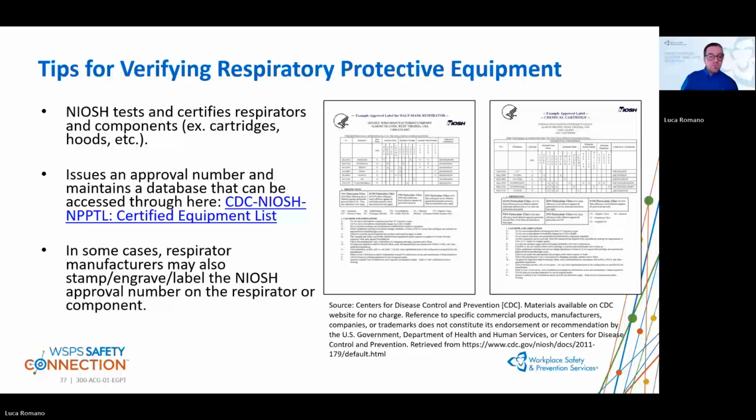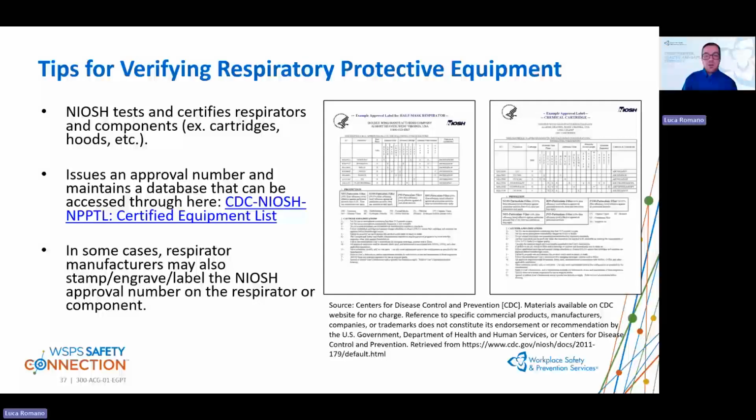To clarify, not in all cases are engravings or stamps put on the device. Oftentimes this might be seen on an N95 or other filtering facepiece respirator, but it doesn't always apply in every case.